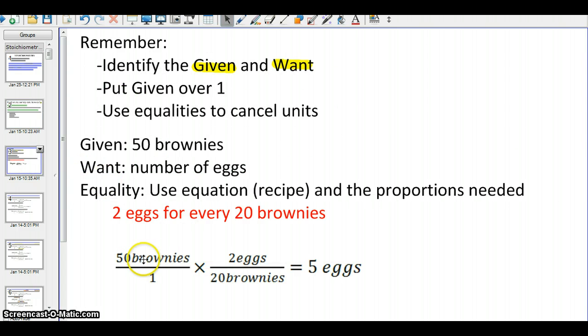So we're going to take our given and put it over 1. And then we're going to write a proportion of the equality that we came up with. Technically speaking, 2 eggs do not equal 20 brownies, but this tells us the proportion to use. So that's the equality that we're going to use here. And then finally, doing the math, multiplying 50 by 2 and then dividing by 20, we get the answer, which is 5 eggs.